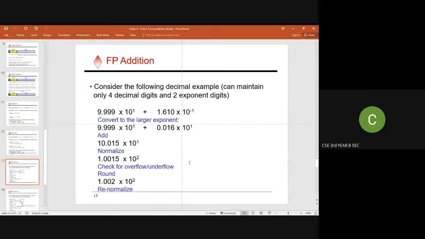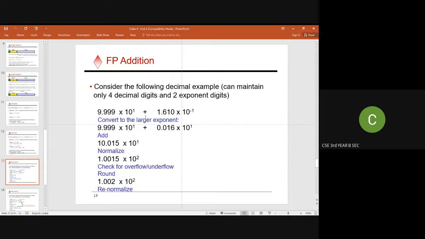For floating point addition, first we have to make it a 32-bit normalized representation, do the addition, then convert the result to a normalized one, and check whether there is an overflow or underflow. For example, 9.999 times 10 to the power of 1 plus 1.610 times 10 to the power of minus 1.